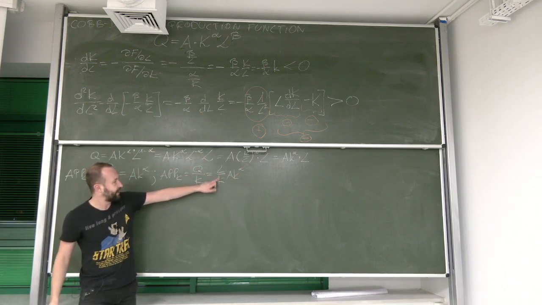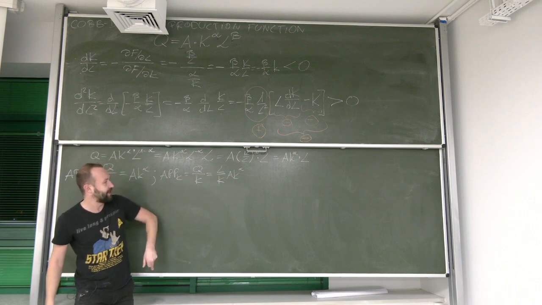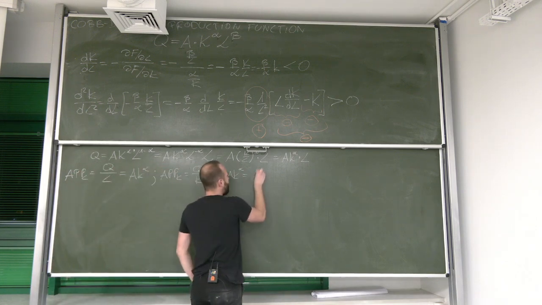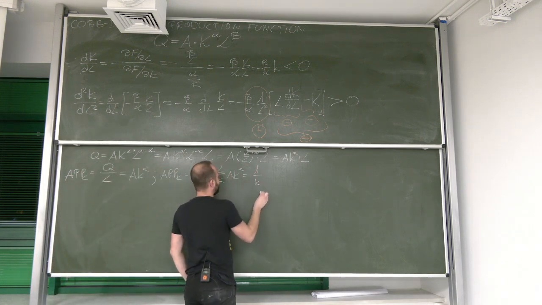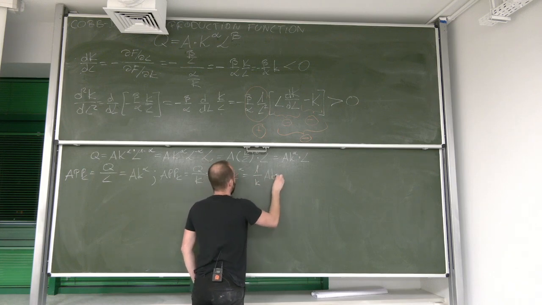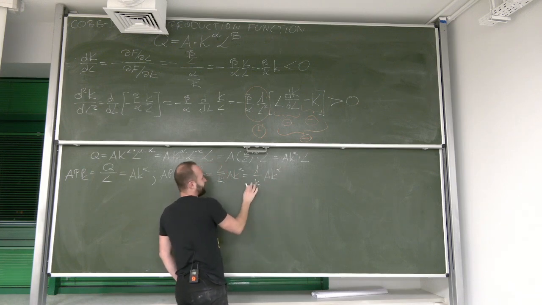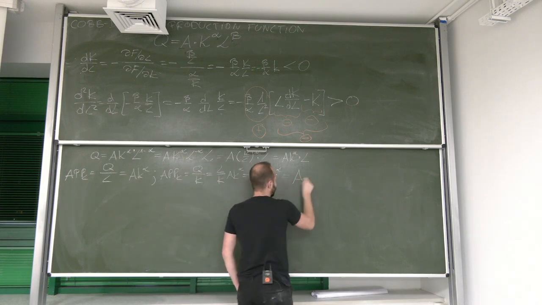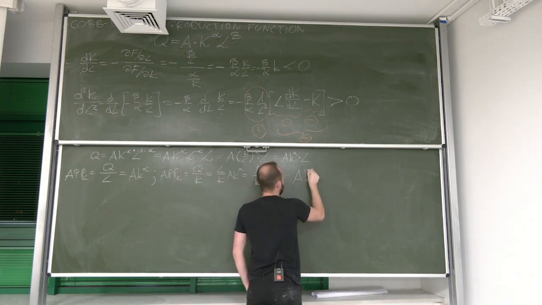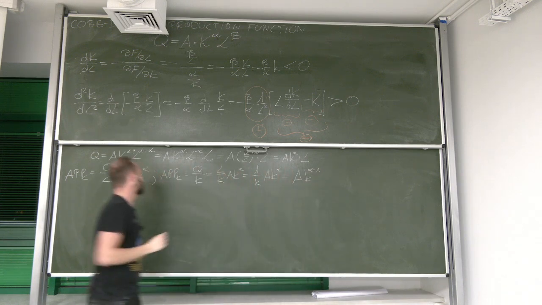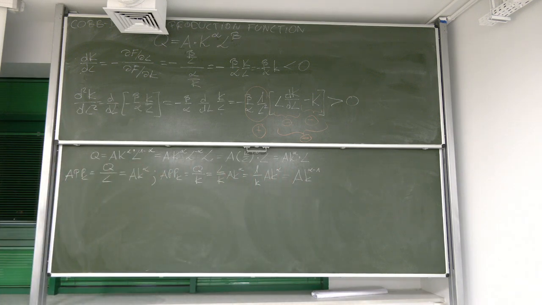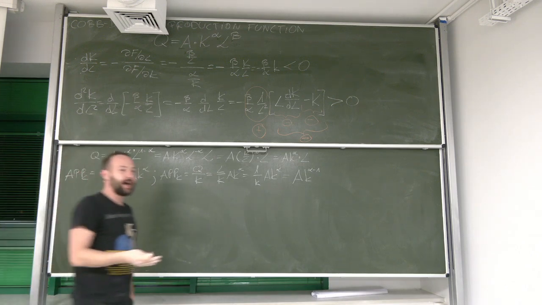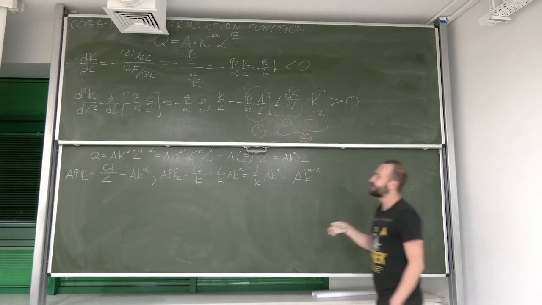Because we have L at the top and we divide by K, so we get 1 over the capital labor ratio, and this is like k to the power negative 1, so we can write it as lowercase k to the power alpha minus 1. So again, the property works.